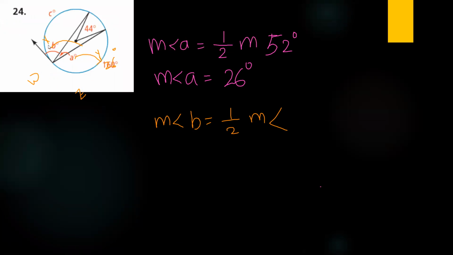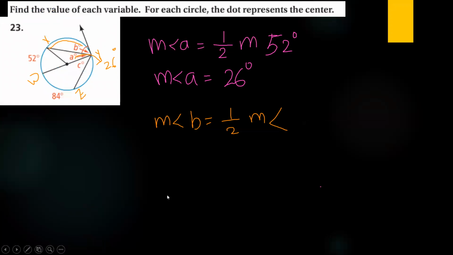So the measure of the arc XY is 180 minus 52 degrees.